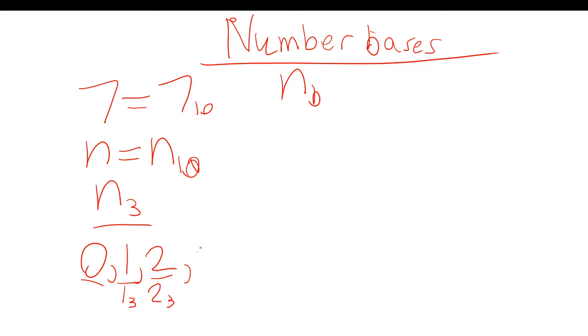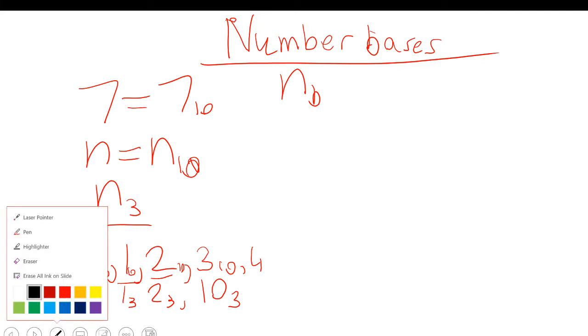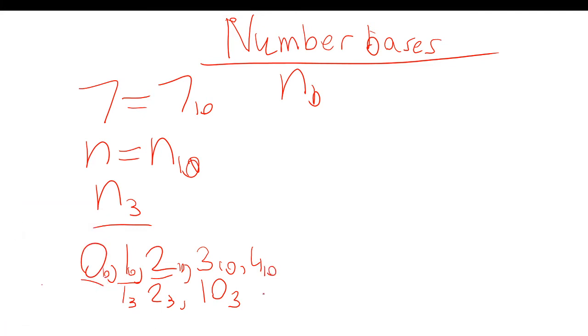Even though this is 3 in base 10, so I'm going to label these as base 10 so you know that this is base 10. In base 3, this is 10 base 3. And 4 base 10, which is just 4, of course, would be expressed as 11 base 3.